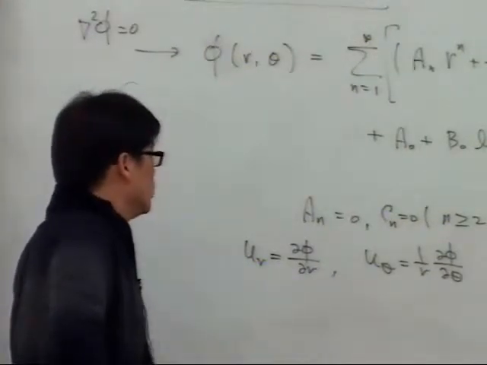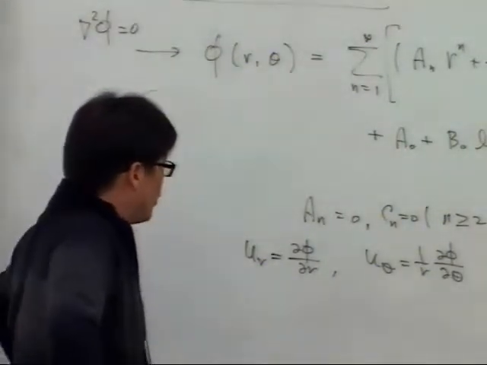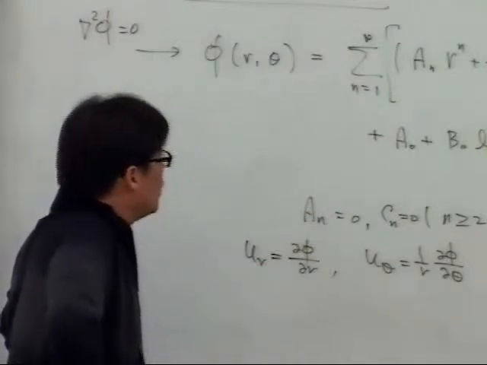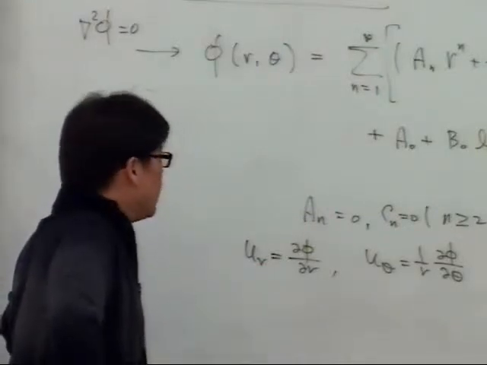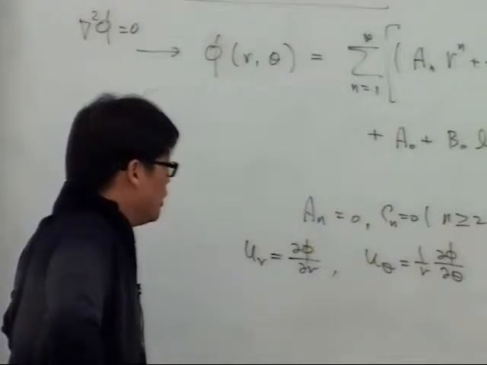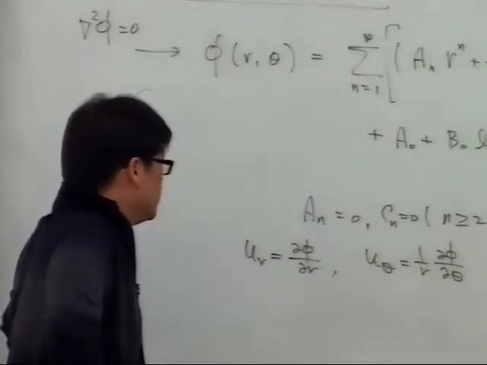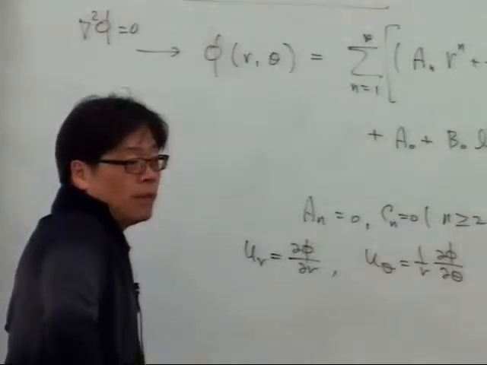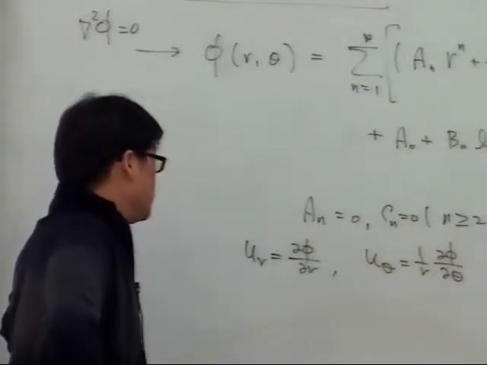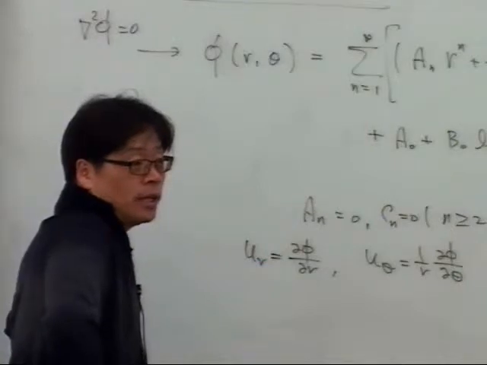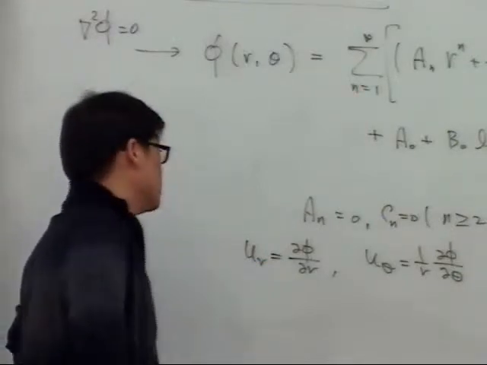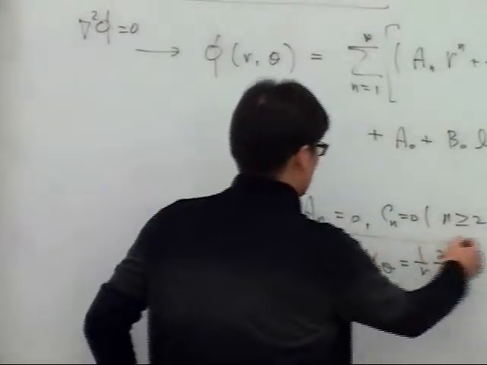So if n is 1, then when we take a radial derivative, it's constant. But if n is greater than 1, then the velocities become infinite as r goes to infinity. So that's why we impose these conditions.